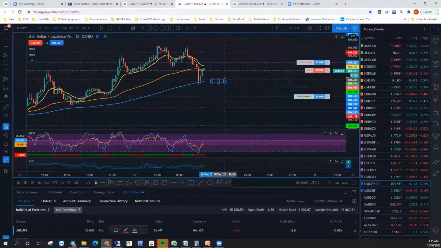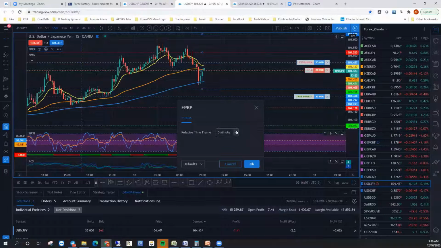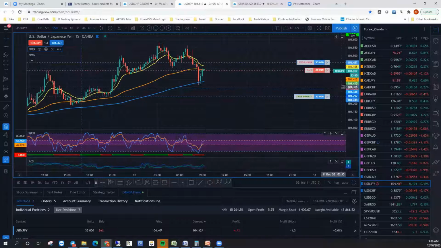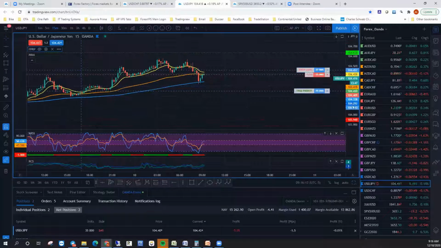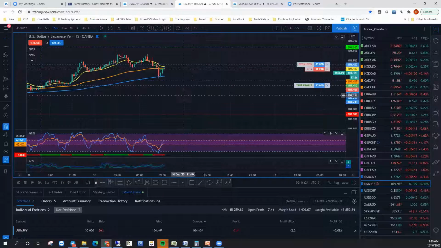Actually, I'm going to find where my fib tools are, the 15-minute fibs. And we have a green, a blue. Right now it's ranging from the overnight between the green and the blue area, and we have a red area down here.